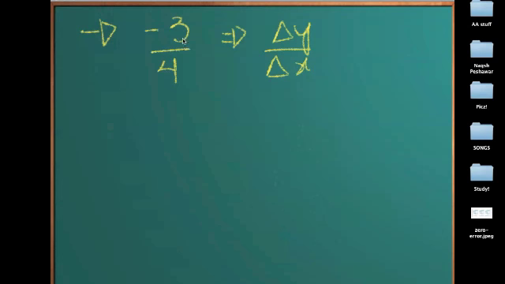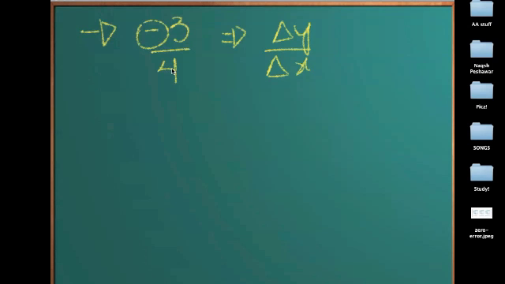For every 3 units in the y-axis, the graph moves 4 units on the right hand side, on the positive side of x. But this negative sign shows that for every 4 units on the right hand side, the graph would go down, not up. The point decreases by 3.